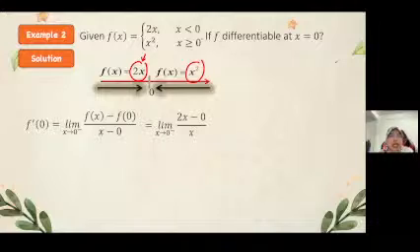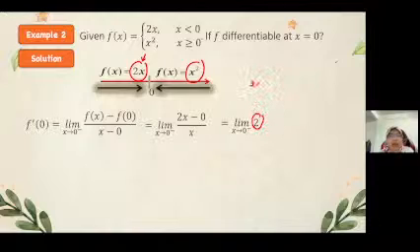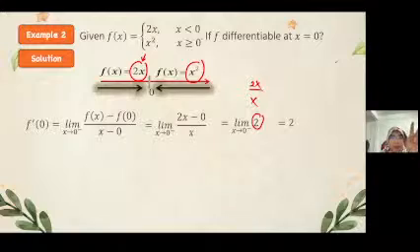When we substitute x with 0, we are going to get 0. And then you divide them with x minus 0, which is simply x. Simplify them a little bit, so we are going to get the limit for x approaching 0 from the left hand side for 2, because we have 2x over x. So when we simplify them, they will become 2. The limit for a constant is simply equal to that constant. So this limit is simply equal to 2.